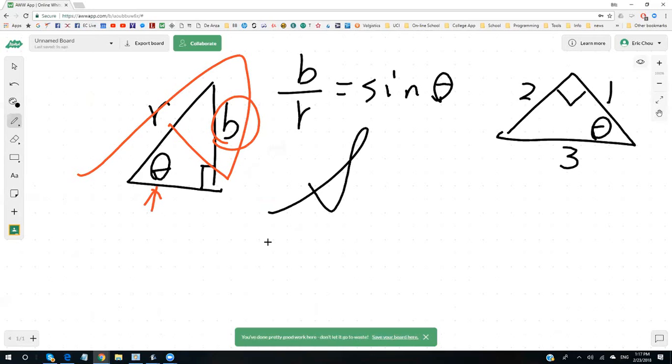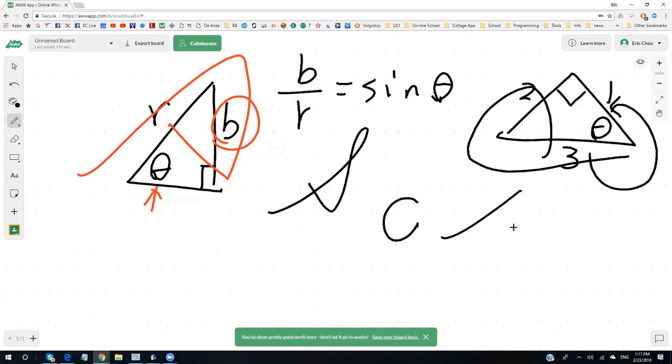This side is a sine, right? This is cosine. So when you write a C, that's a cosine. Write S, that's the sine side. That will make it easier to remember which one is which.